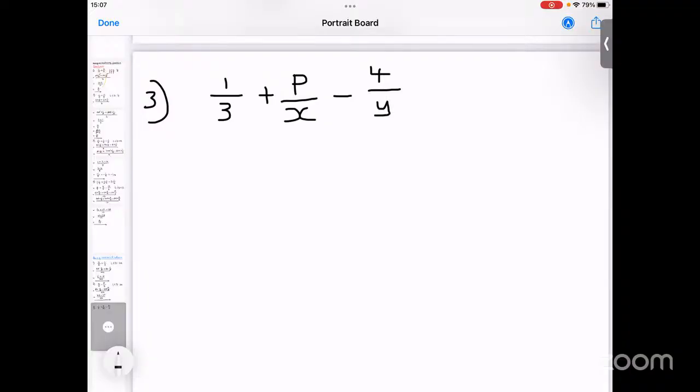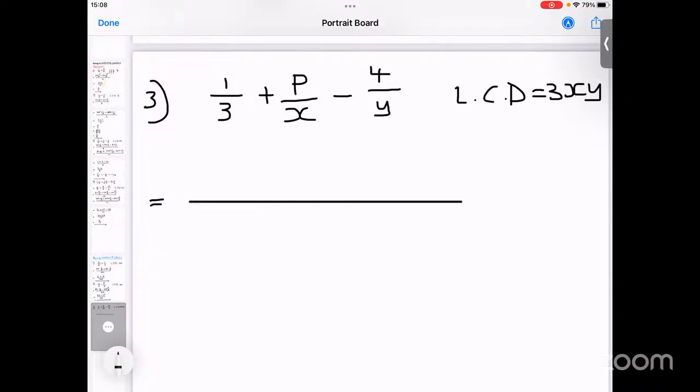Yes, okay. Then in this case, our LCD will therefore be, you just take those denominators as they are, and that becomes your LCD, 3xy. Then you multiply each fraction by that 3xy.